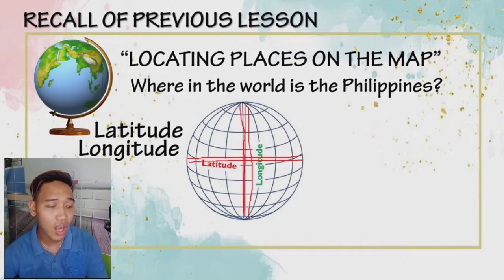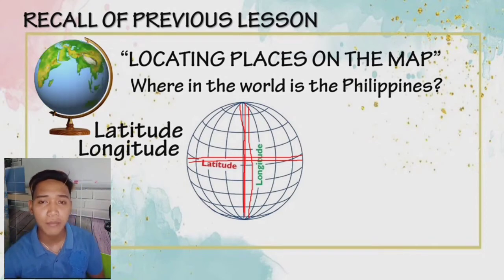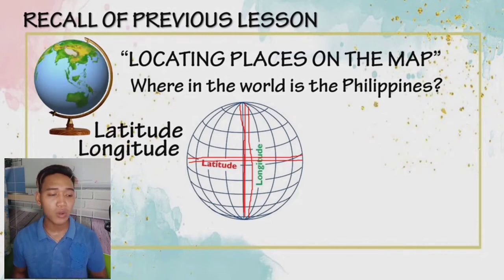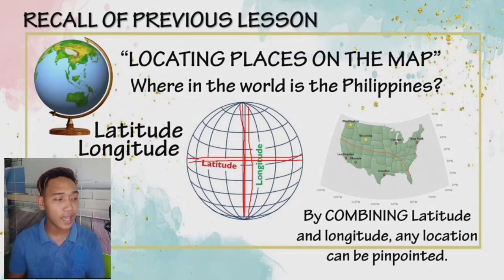These lines are what geographers use in order to find a specific place on Earth. But also in our previous lesson, we learned to locate places using the coordinate system, by combining latitude and longitude so that any location can be pinpointed.